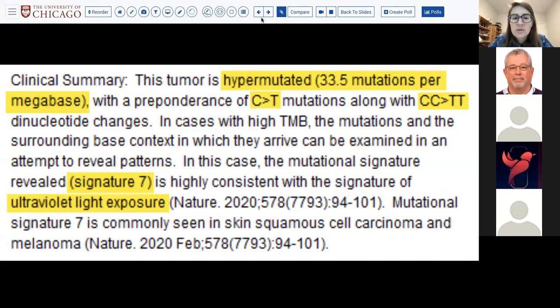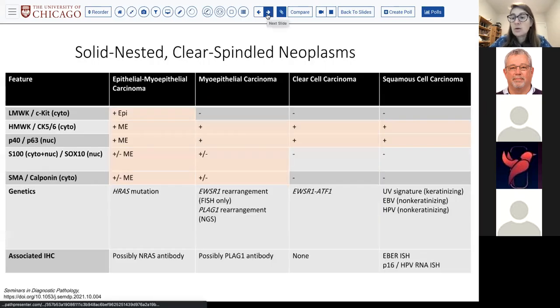This is not uncommon, especially in older patients who may or may not have a history of primary skin cancer, but probably have some kind of sun exposure in their past. So UV signature is helpful.